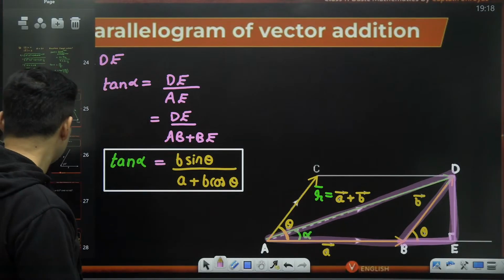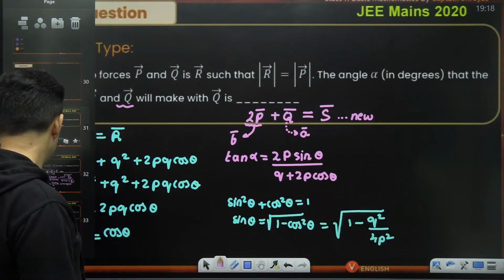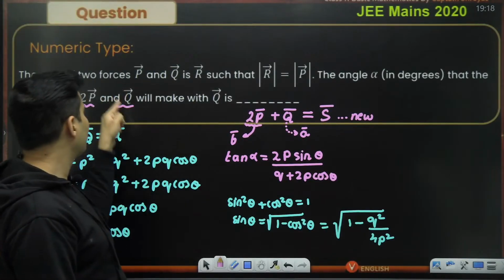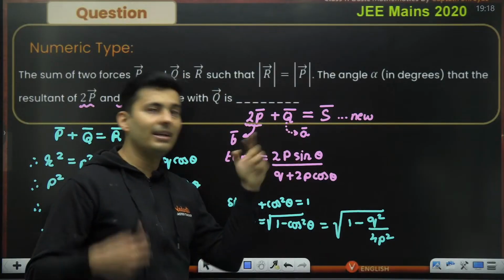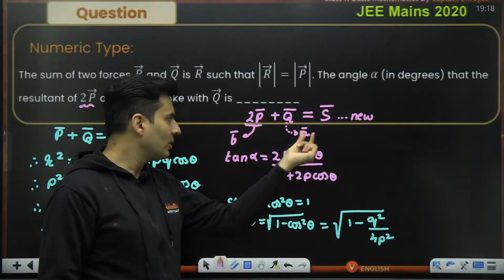Here we want to find the angle with the q vector, so q is treated like A and comes in place of A.